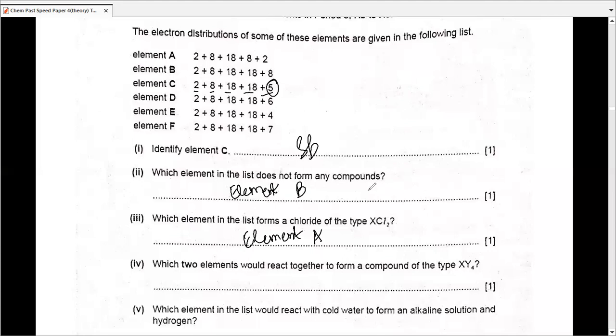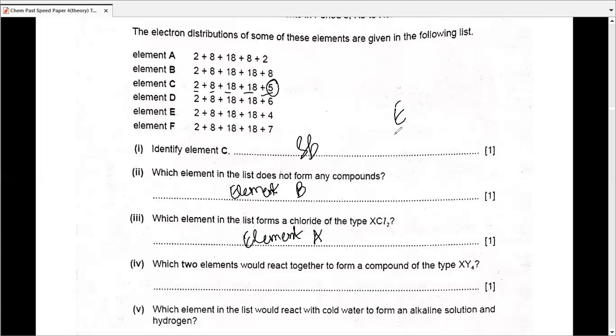It would be element E and element C. E and C, no, that's not correct.